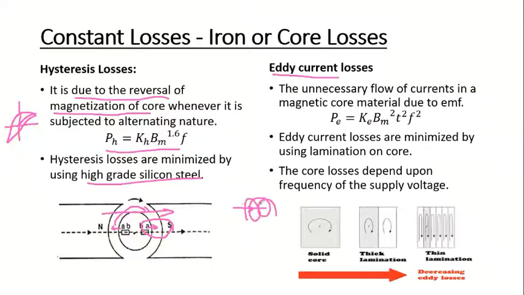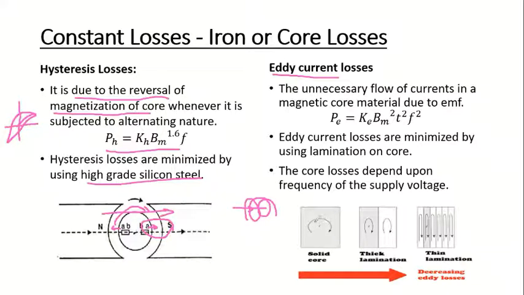If there is a magnetic field, there is an EMF. That EMF will induce a current. If I take a solid core here, there is a flow of current. The current passing at the primary coil will never reach the secondary coil. Here in an induction motor, the primary is the stator and the secondary is the rotor.